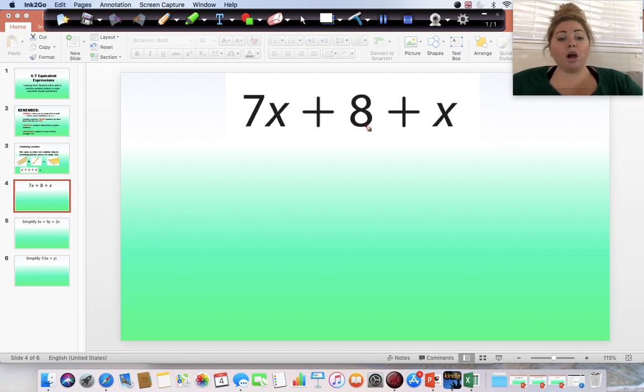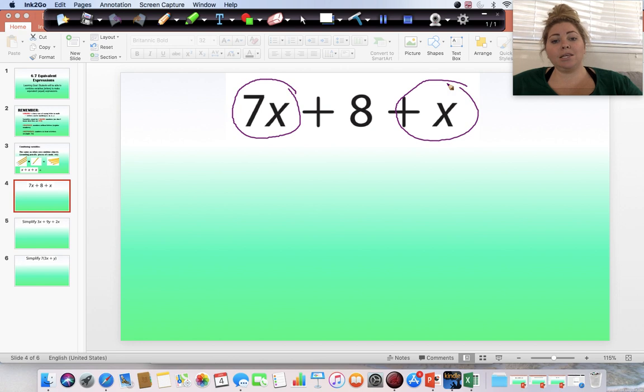So here, when we are combining these, we are going to add 7x plus this x. Well, 7x plus 1 more x gives us 8 x's, and then we bring down our plus 8. Remember, you cannot combine this further. This is as far as your answer goes, because you cannot add variables and coefficients to constants.